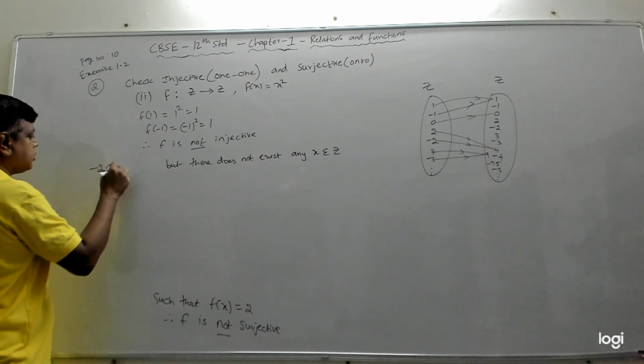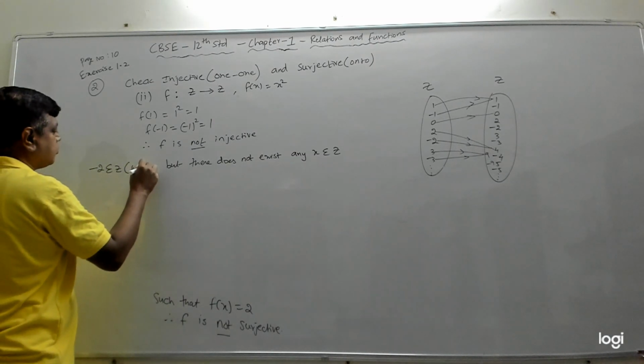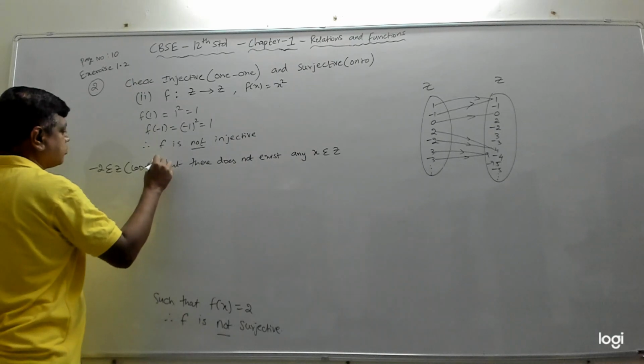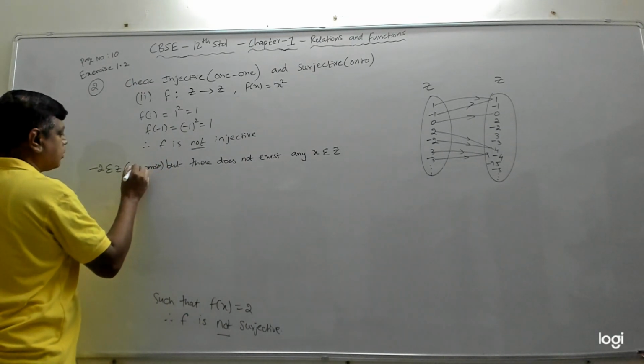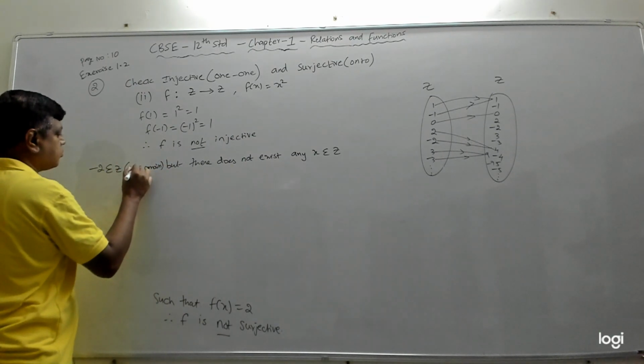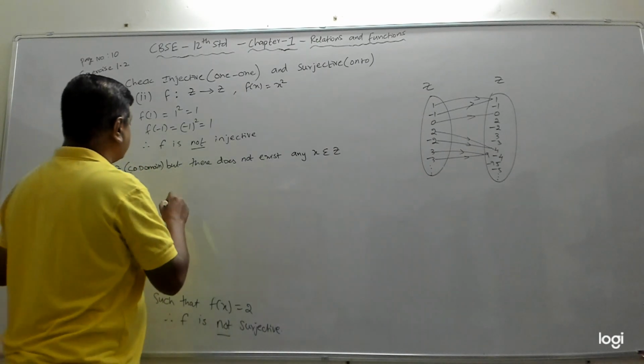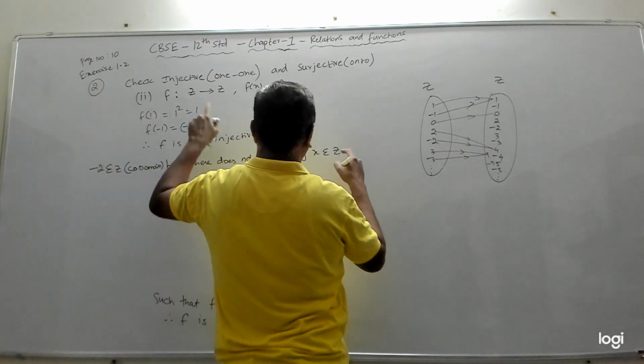Minus 2 belongs to Z, that is the codomain, and x belongs to this Z, which is the domain.